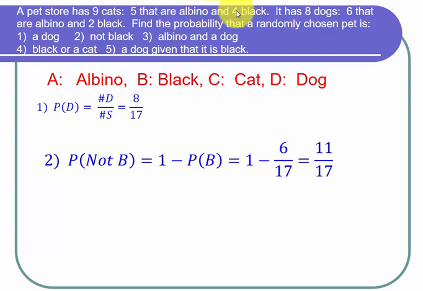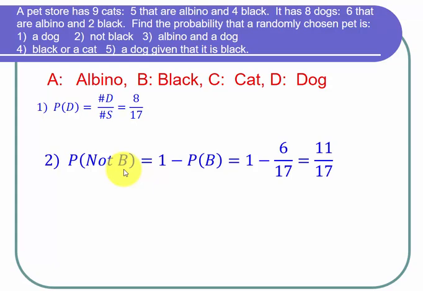Well, there were 4 black cats, and there were 2 black dogs. 4 plus 2 is 6, so there were 6 black pets out of 17 total pets. So 1 minus 6 over 17 is 11/17. And that's the probability of not selecting a black pet.